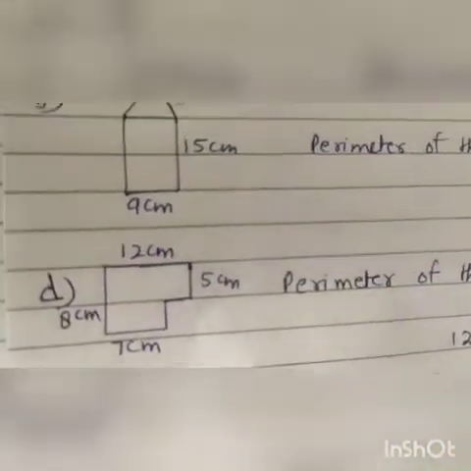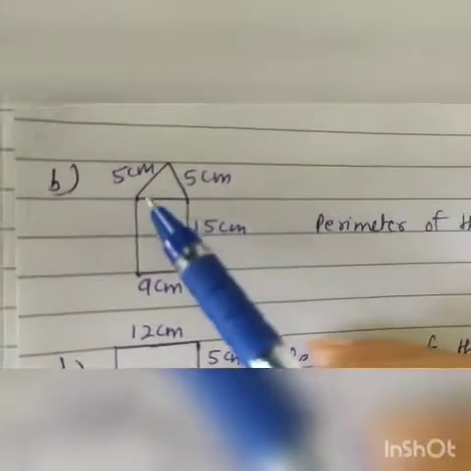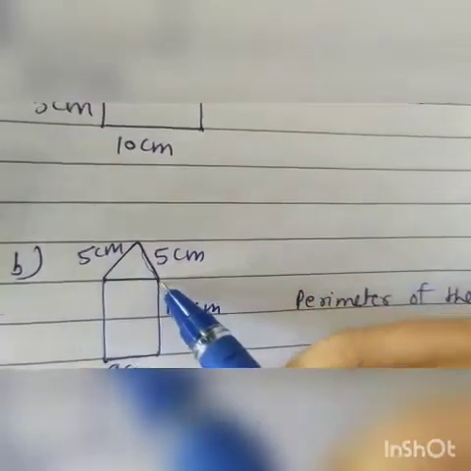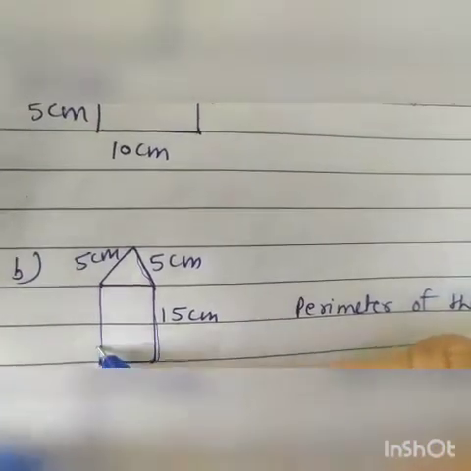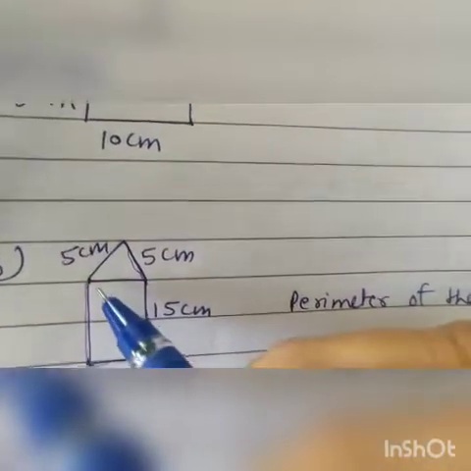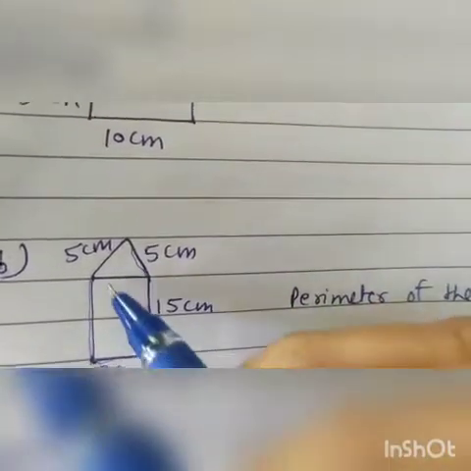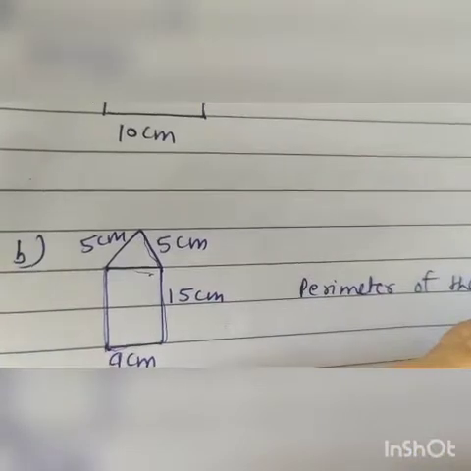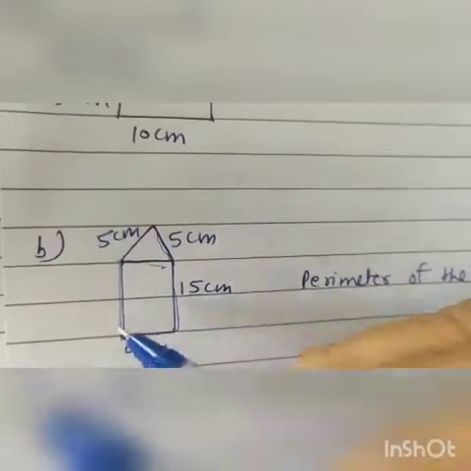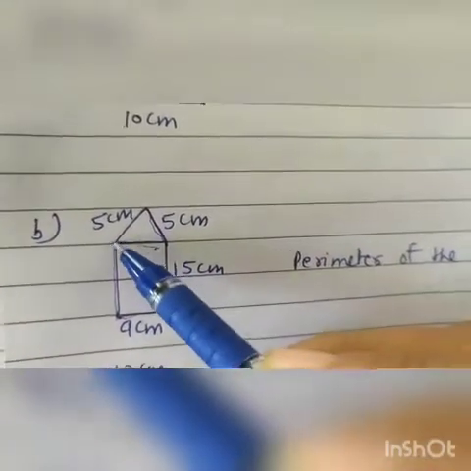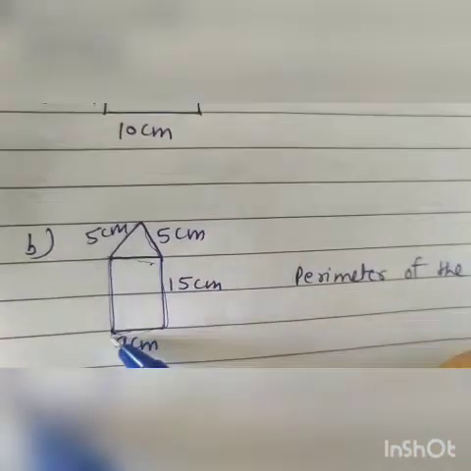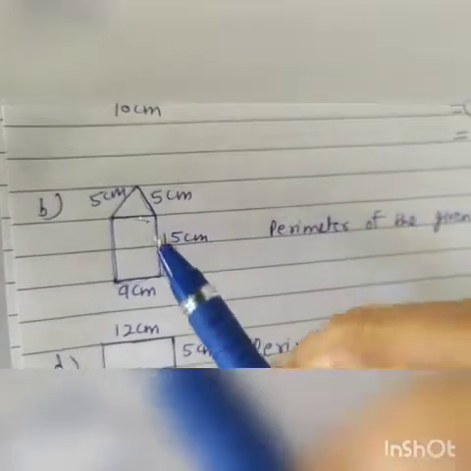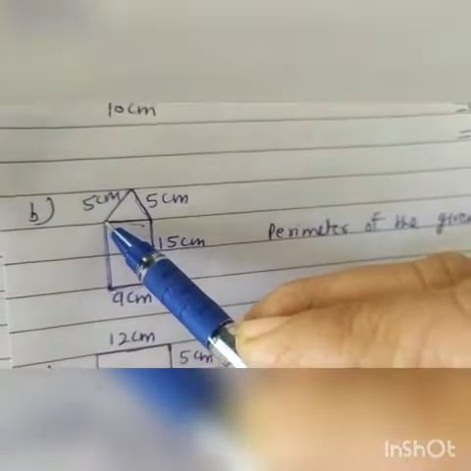Second figure is this one, see. Here, if we start from here, this one side, this one side, this one side, this one and this one. Here one round is completed. The perimeter of this figure will not include this side, because perimeter means only the sum of the boundary. So boundary is this one. If we have to complete one round, then we will start from here.